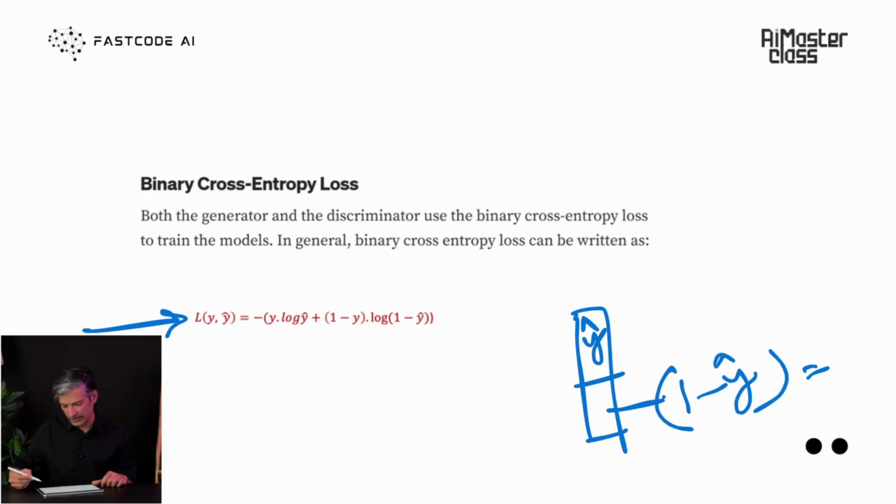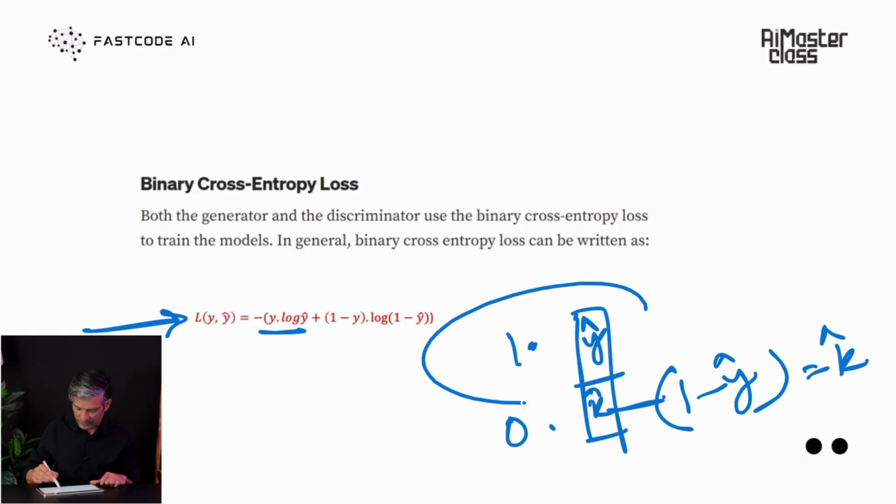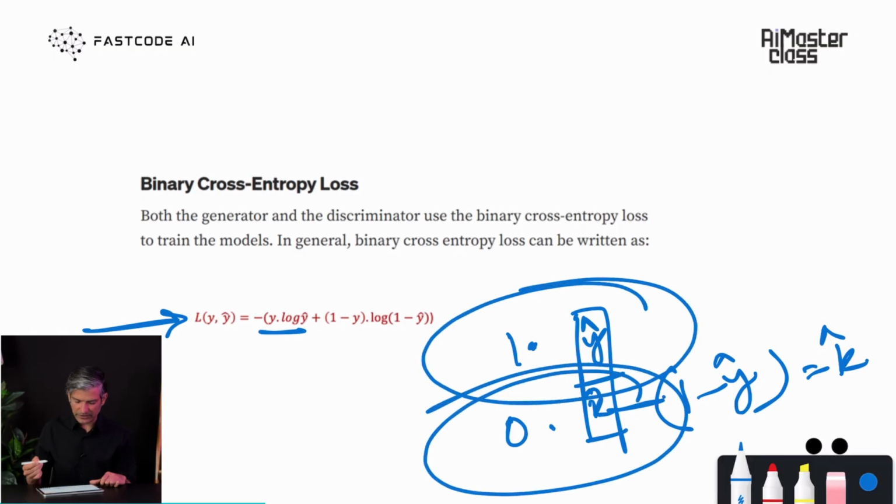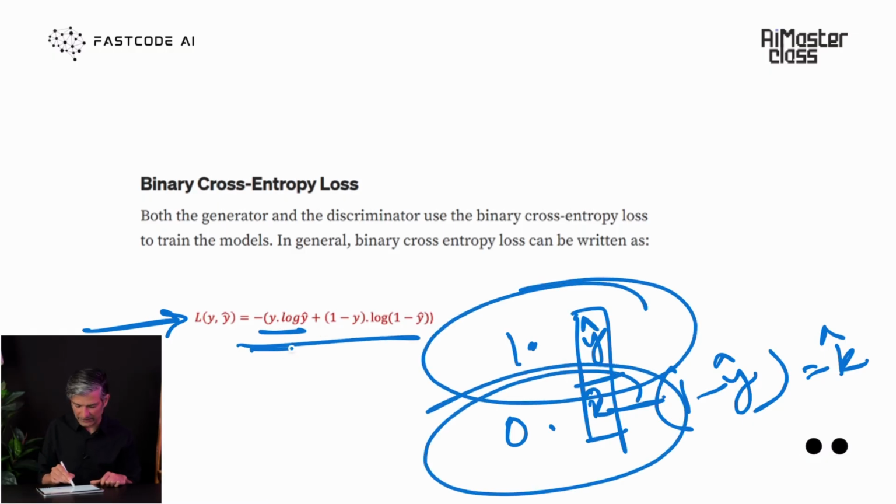We can also call it k hat, but this is essentially 1 minus y hat. And for this reason, we do y. We don't know which one is the correct label, but this is label 1 and this is label 0. So whichever is the correct class, you will get a loss from that, right?